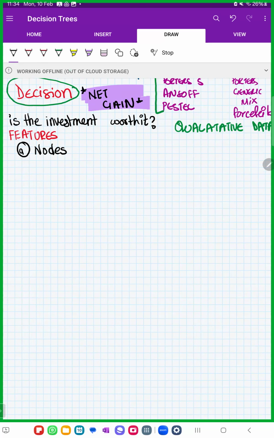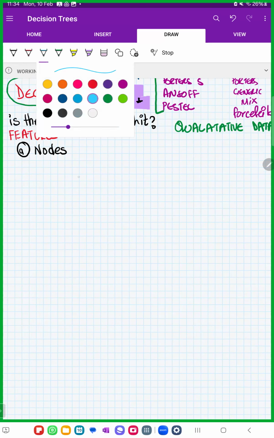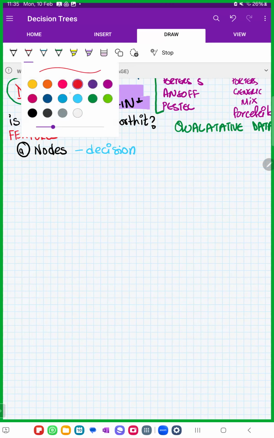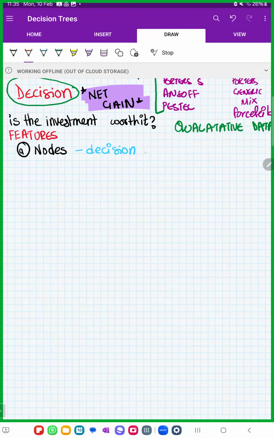Every time a business needs to make a decision, that will be represented with a square node. This looks like a rectangle. This square represents a decision. Every time you make a square, the square node represents a decision. Do we get it so far?